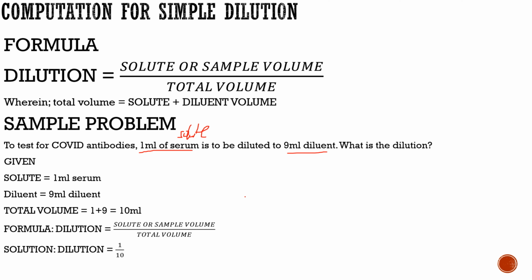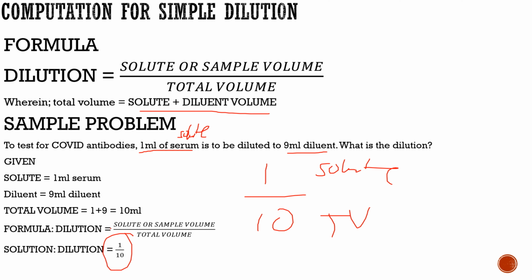In the form of a fraction, the numerator would be the solute and the denominator would be the total volume. So, the solute here is 1. The total volume is made up of the solute plus the diluent volume. You get 1 is to 10 as your dilution. So, you need to do a 1 is to 10 dilution using 1 ml serum and 9 ml diluent.